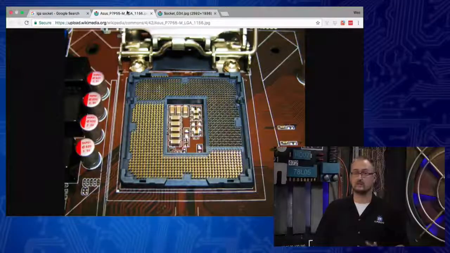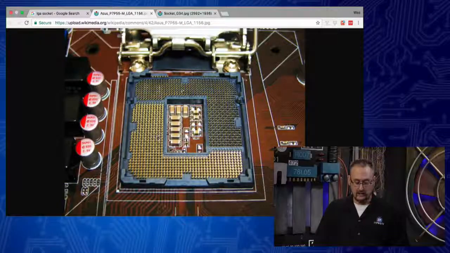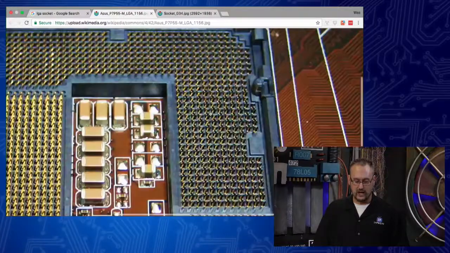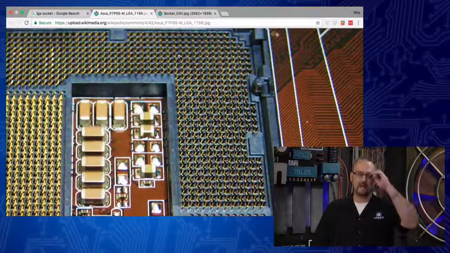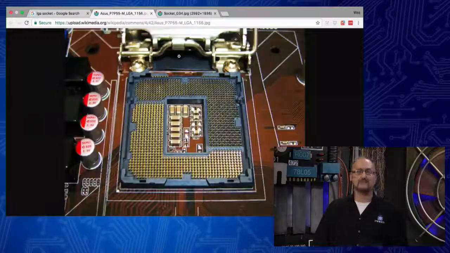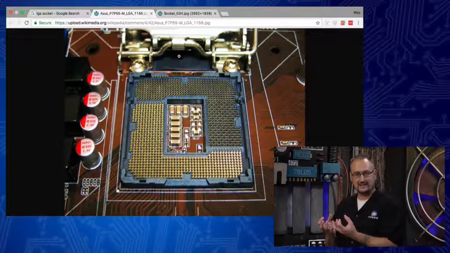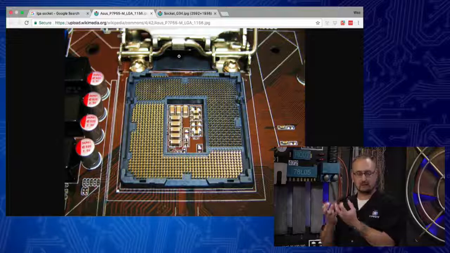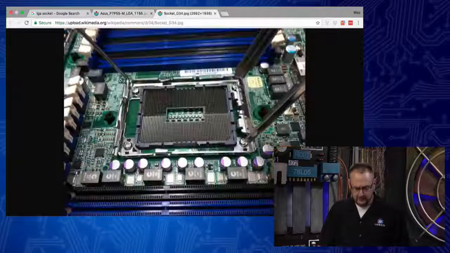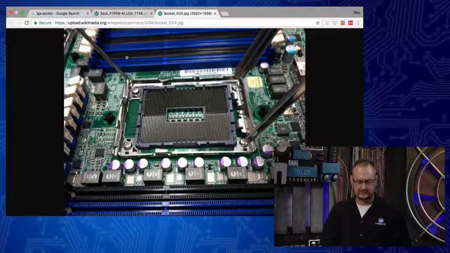Now, I've got a picture because a land grid array is considerably different here. In a land grid array, you're going to notice that the electrical contacts in the socket are like a bed of nails, right? So the electrical contacts here are actually pins that are facing up. And we still have that same little lever.